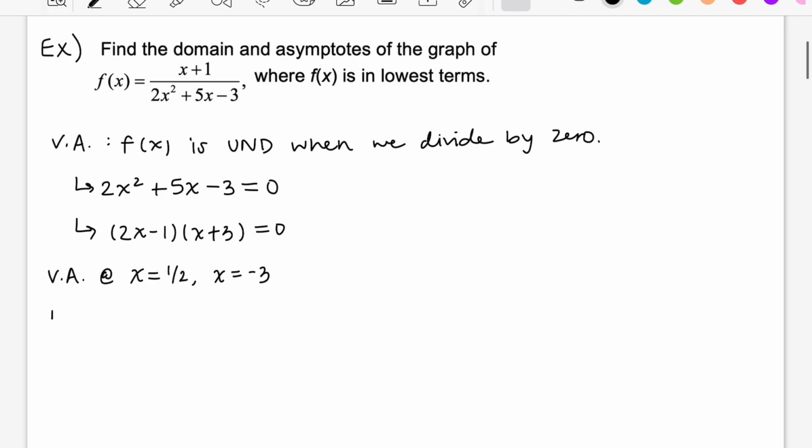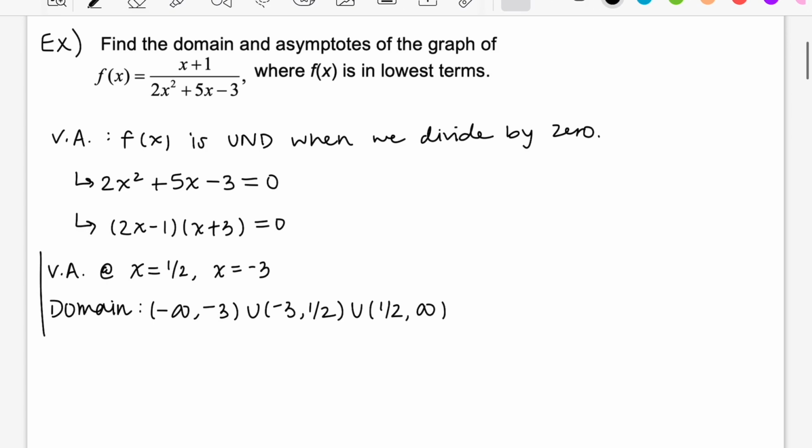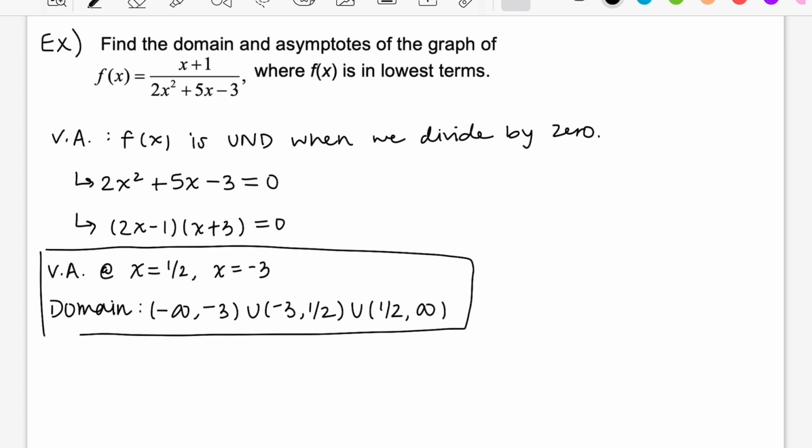This tells us that our domain is going to be all real numbers except those that make our function undefined, so -3 and 1/2. So in interval notation, we express that like this here. Alright, so this is our vertical asymptotes and our domain of our function.